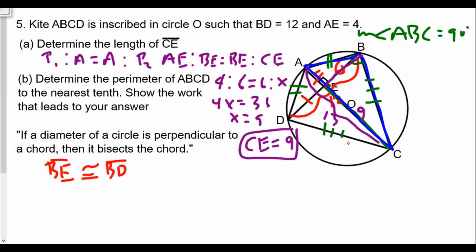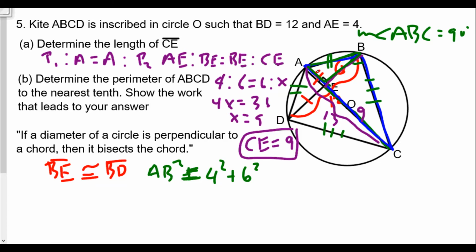So he's saying, okay, well, how do we find this though? Well, we can use the Pythagorean theorem. To find AB, that's the hypotenuse in this case. So the hypotenuse, AB squared, is equal to 4 squared plus 6 squared. Here's your right triangle.